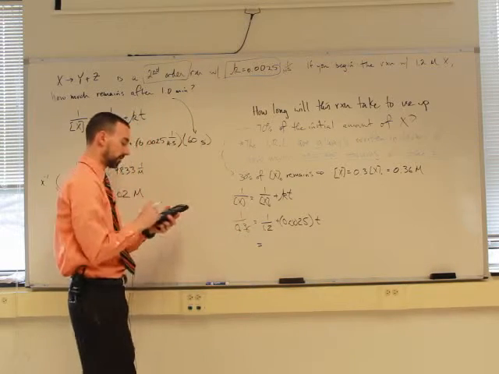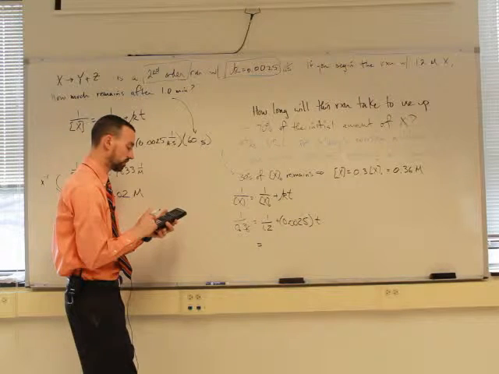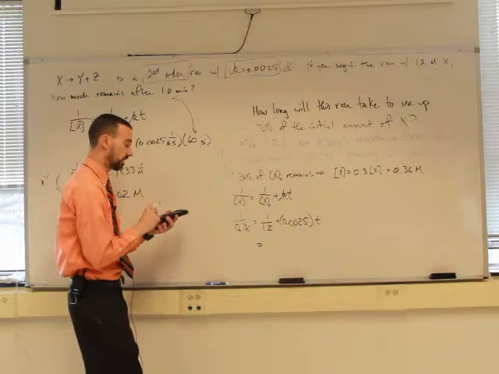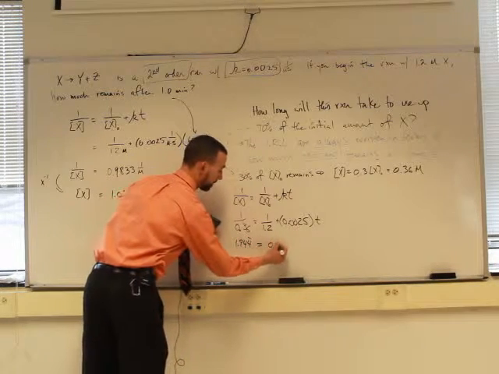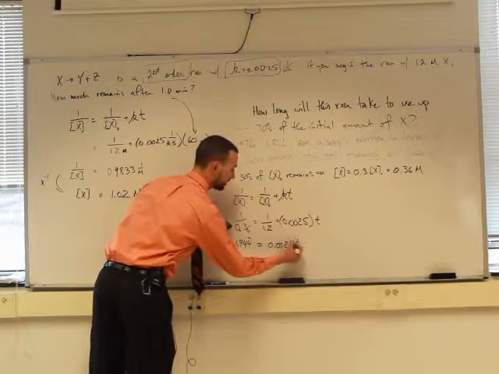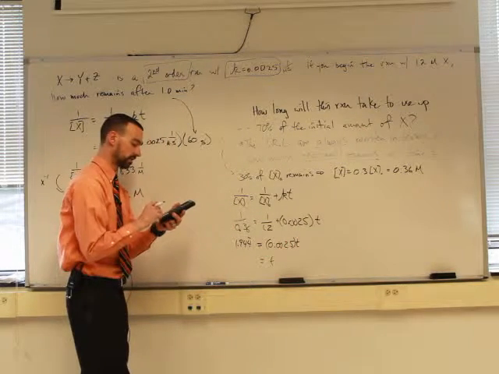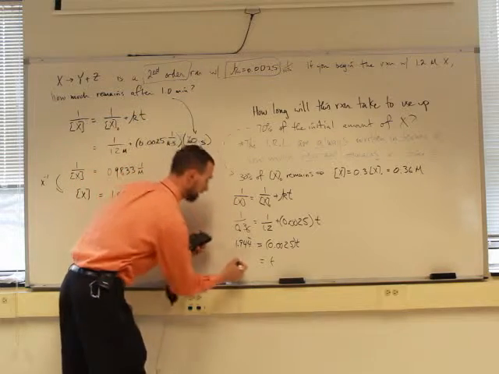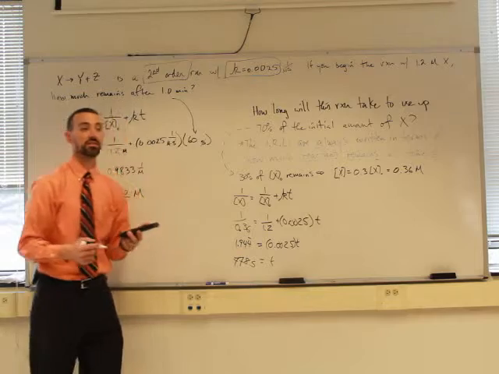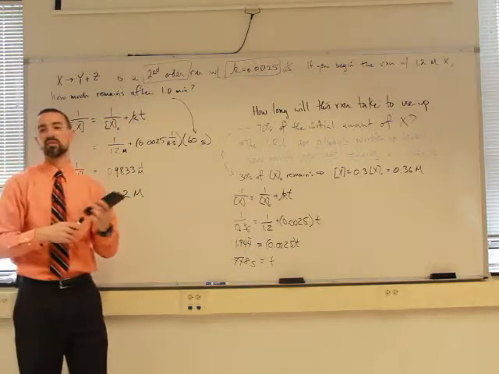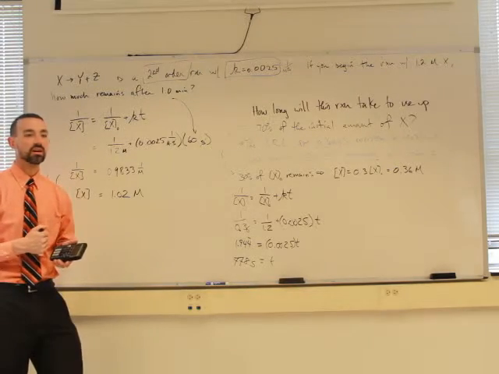So I could take 0.36 to the negative 1 power minus 1.2, 1 over that. So far I've got 1.944 equals my 0.0025 times t. So I just divide by the rate constant, and I get 778 seconds. Maybe that's big enough that we can convert it to minutes, right? It's going to be about 12, 13 minutes or so, it looks like.